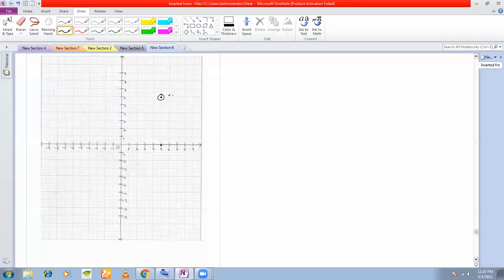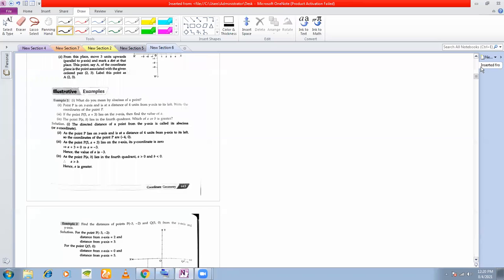This is the point 5, 6. You agree? Which axis does it lie on? It lies on the x-axis or the y-axis? Neither, right? Does it lie on this vertical line? No. Does it lie on this horizontal line? No. So therefore 5, 6 will neither lie on the x-axis nor the y-axis. Clear? Okay. Thank you, sir.